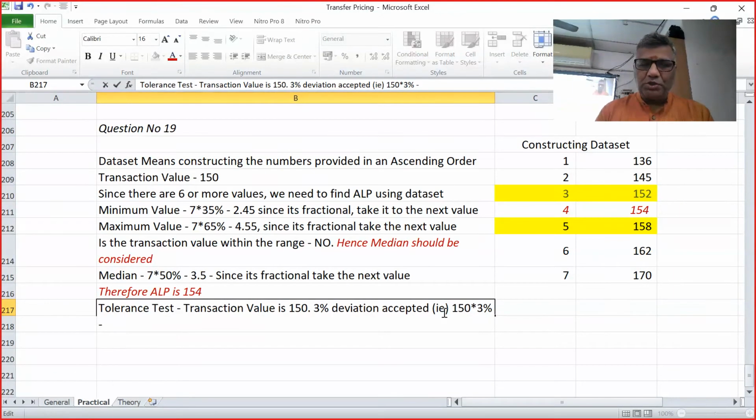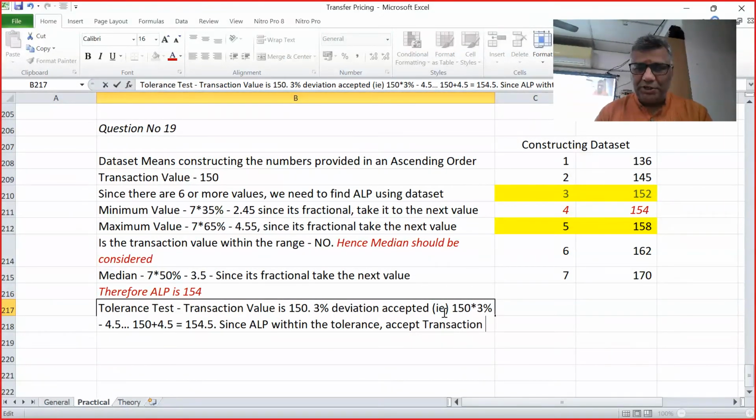How much it comes to? 4.5 value done. Okay. 150 plus 4.5 is equal to 154.5. Since ALP is within the tolerance, accept transaction value as ALP.